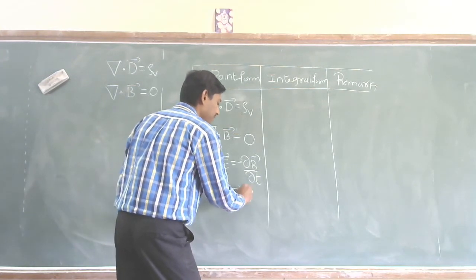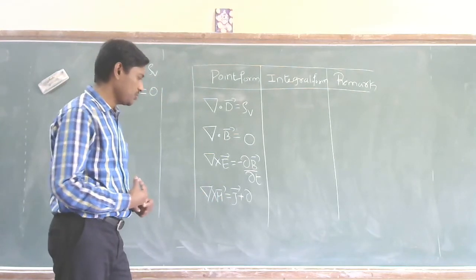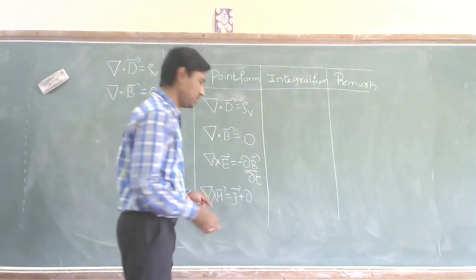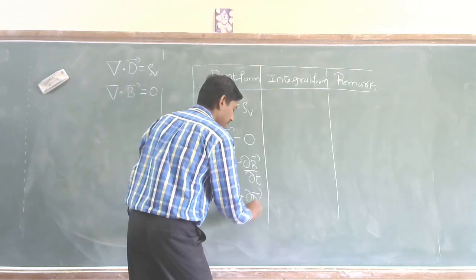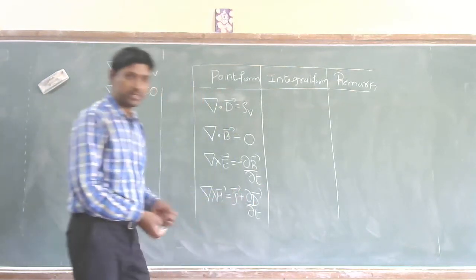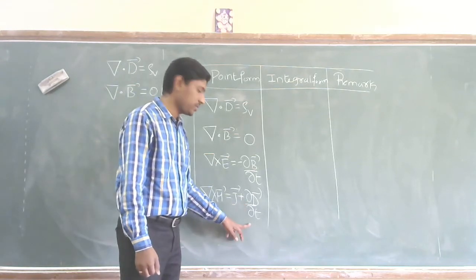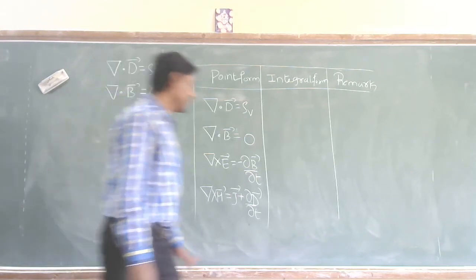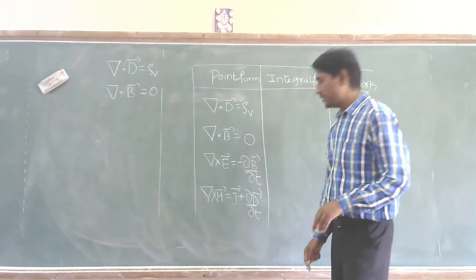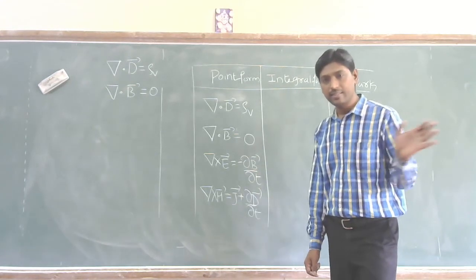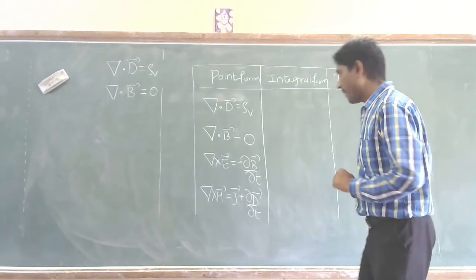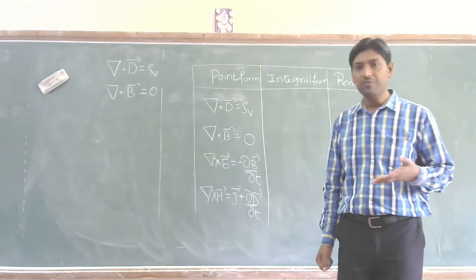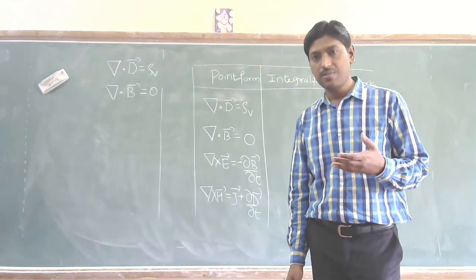Most authors want to write this JD as dou D by dou T. We can write JD, but in order to emphasize that it is a partial derivative of the D field with respect to time, we write it as dou D by dou T. One thing should be very clear: J indicates the current density in the conductor, and this JD exists wherever you have a time varying D or E field.